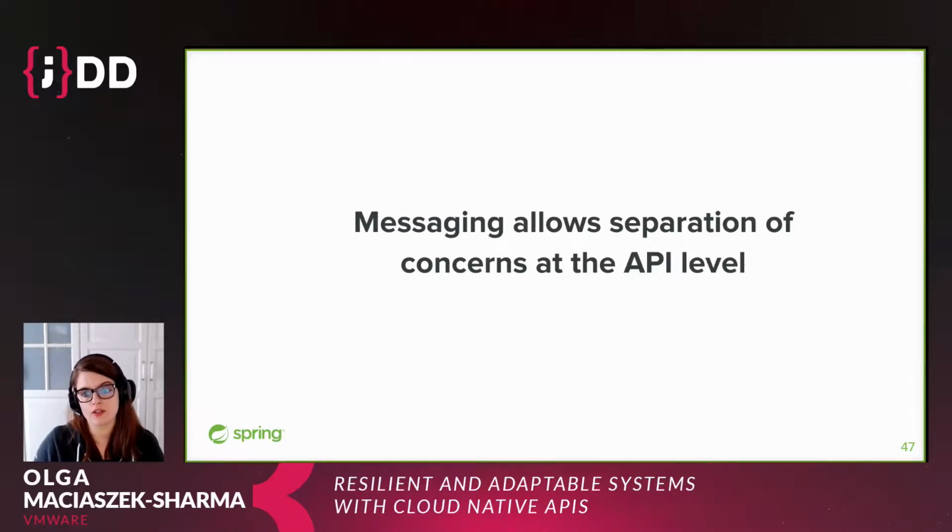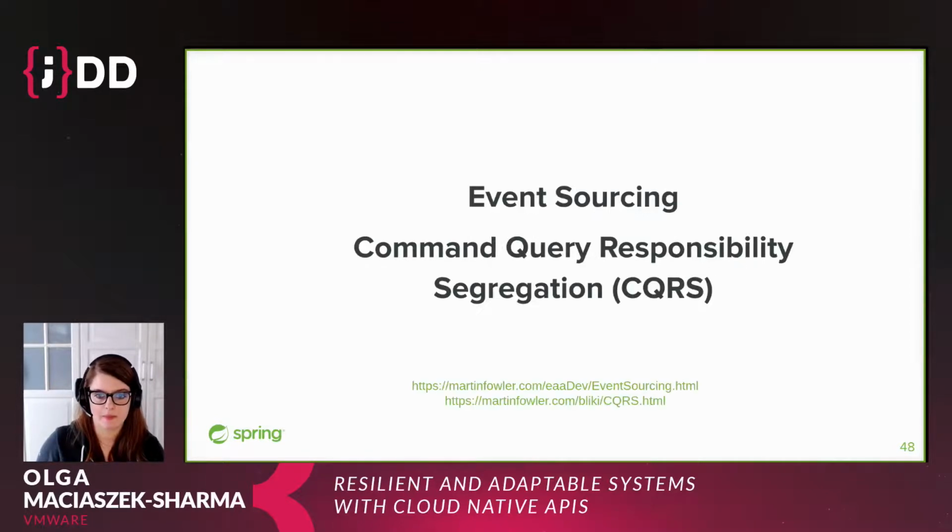That means that consumers who are interested in a particular set of data can just listen for the appropriate messages. There doesn't have to be tight coupling between services in our microservice architectures. And architectures such as event sourcing and command query responsibility segregation, or as most of you probably know, CQRS, depend heavily on these message systems.